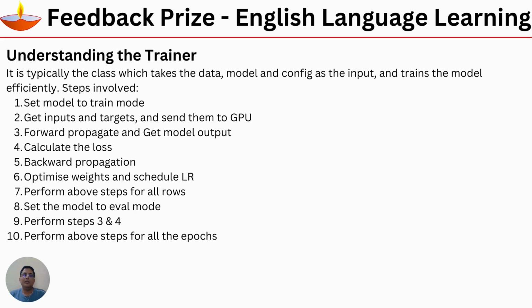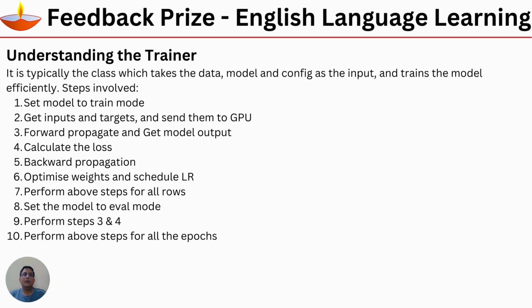We perform the above steps for all the rows, or all the items in the dataset class, and then we set the model to the eval mode. We then perform steps 3 and 4, which are the forward propagation step, getting the model output, and getting the loss.